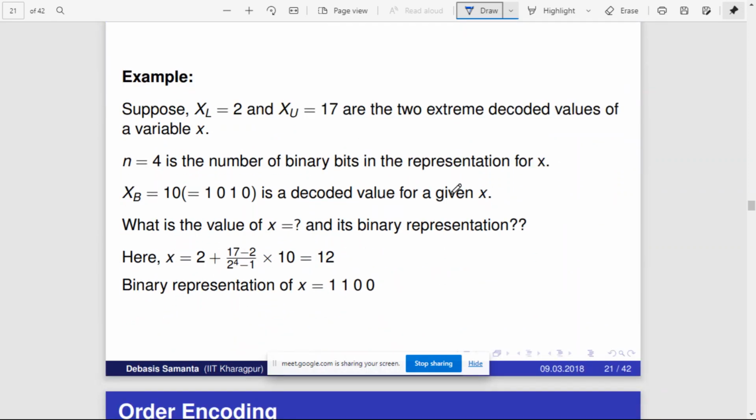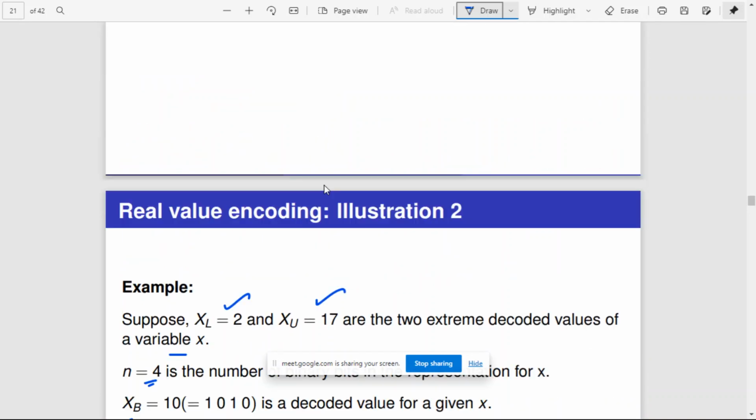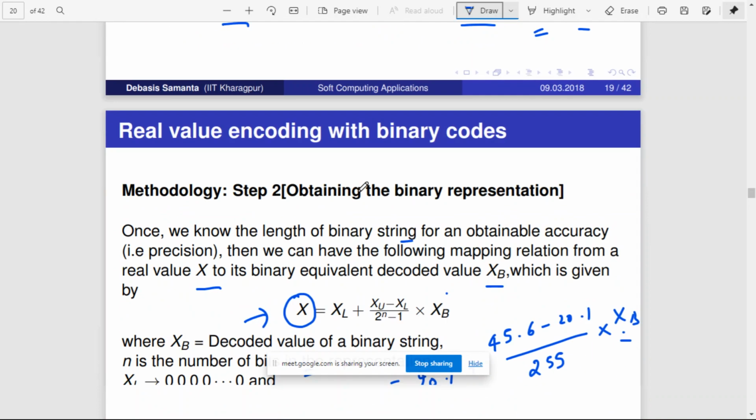So here is an example. Suppose xl equal to 2, xu equal to 17, the two extreme decoded values of a variable x, that is, x lies between 2 and 17. Say n is equal to 4. Here xb is given. Say xb is equal to 10. Here xb is given, right?